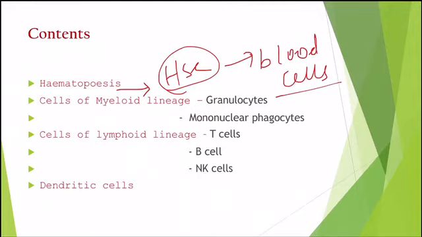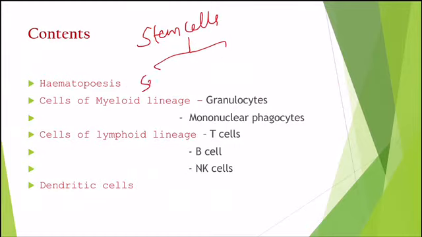Stem cells have two abilities, that is self renewal and another property is differentiation. Self renewal is the ability to regenerate and differentiation is the ability to be differentiated into various cell types.